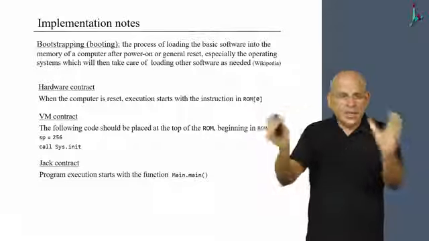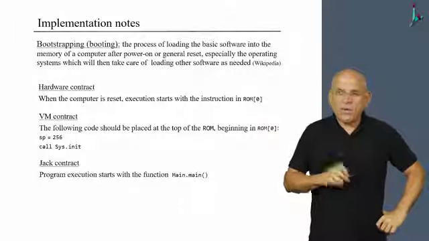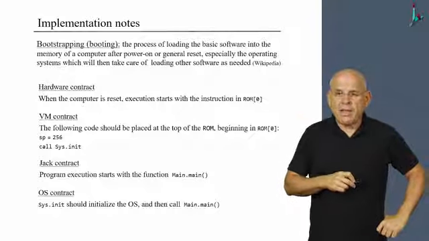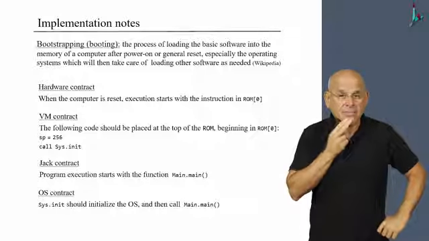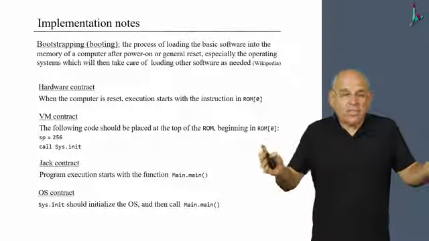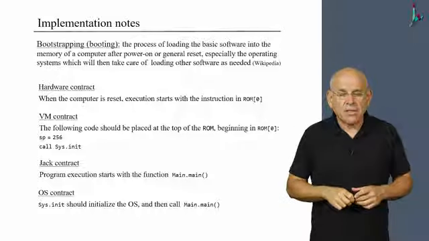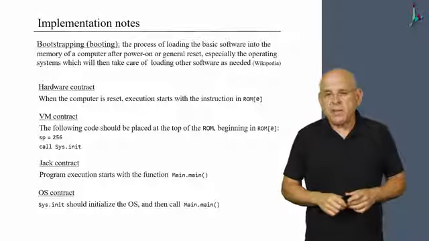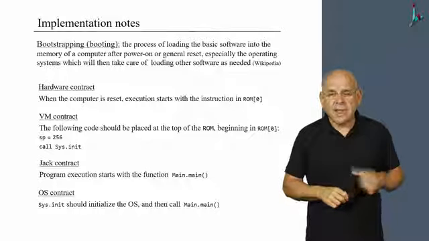If you take all these things that are written here into account, you will see that in order to complete the bootstrapping picture, what remains to be done is to implement Sys.init. Well, first of all, you have to have a Sys.init, because the ROM is going to call this function. So Sys.init should be a function which is available in the operating system somewhere, well, most naturally in the Sys class.